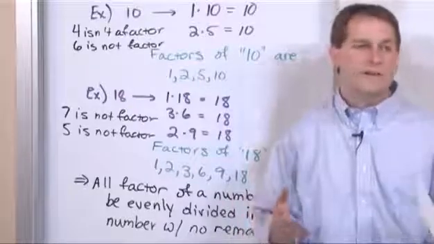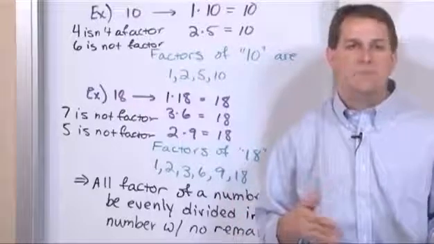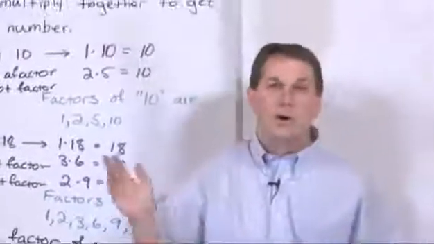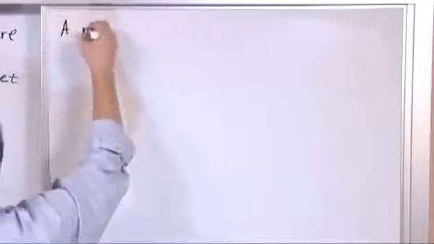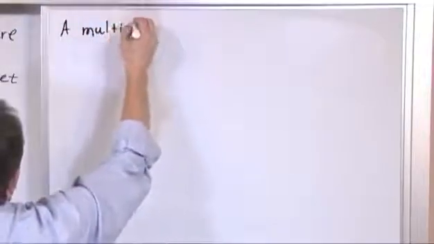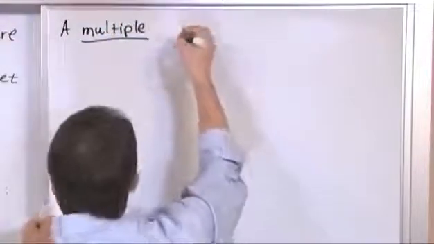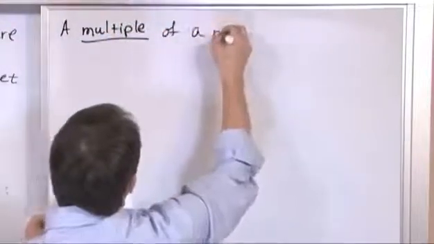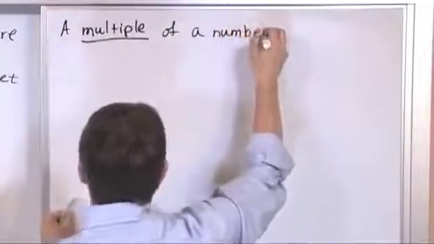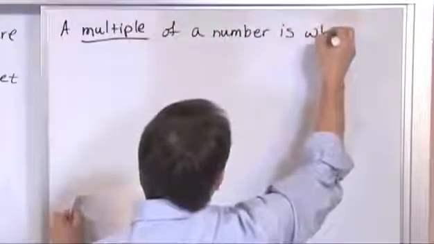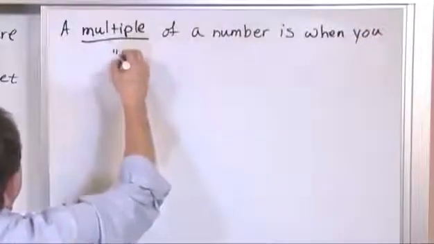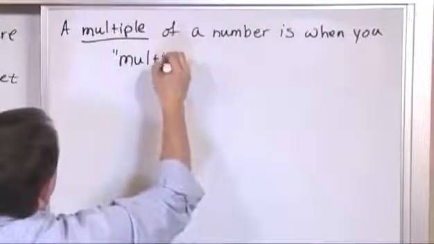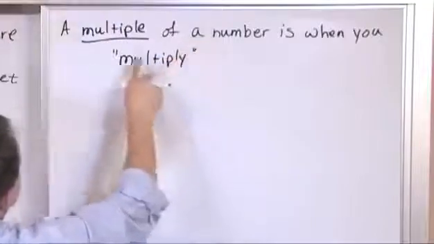In other words, it's when you take the number that you're looking at and you multiply it by a whole number. So let's go ahead and write a definition and show you what I'm talking about rather than talk about it. The definition: a multiple of a number is when you "multiply", and I'm putting multiply in quotes because it's called a multiple.